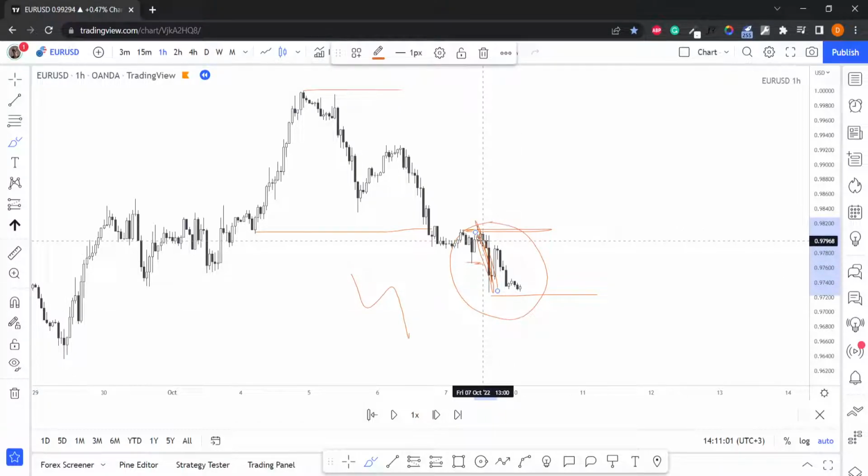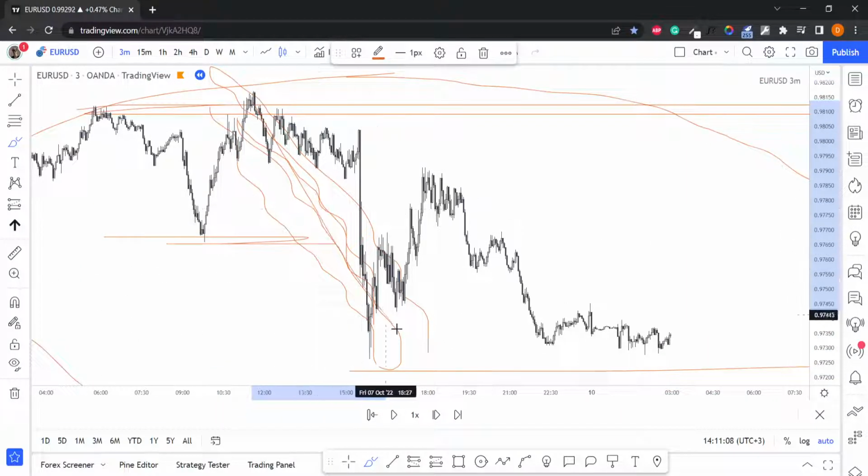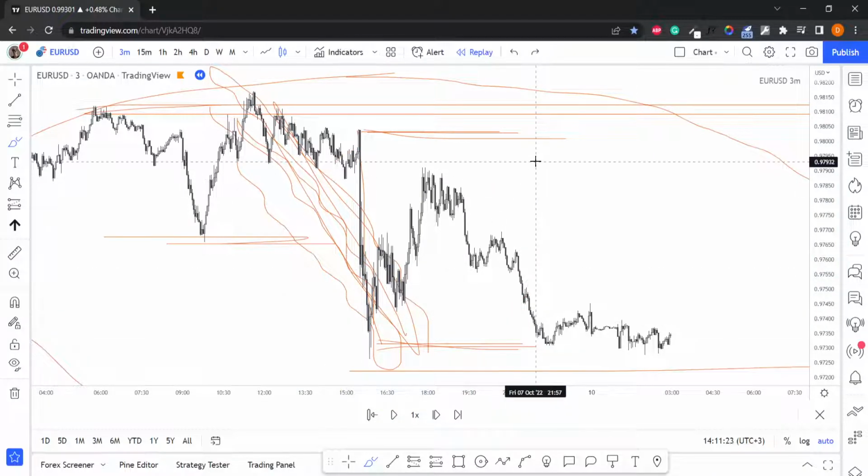What we want now is to go to like 3 minutes and understand that this is the 1 hour shift. And the price action shows immediately that together with the 1 hour impulse we actually created a 3 minute impulse, and that's okay also to send.